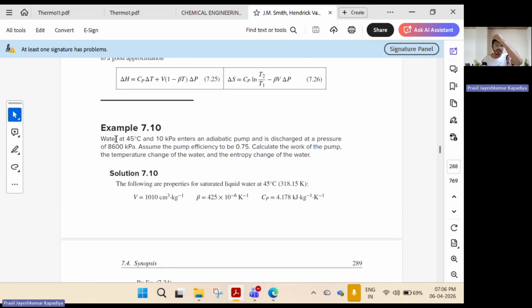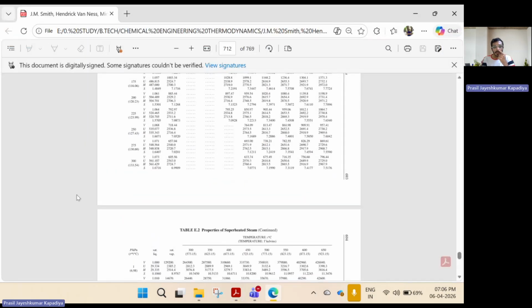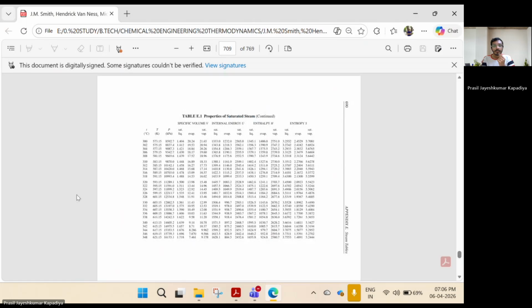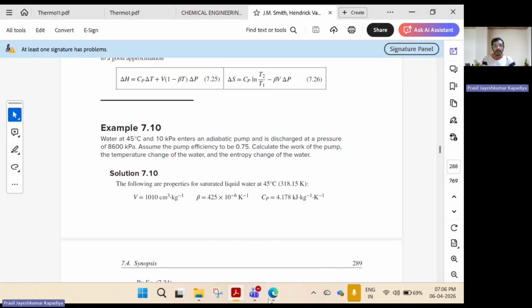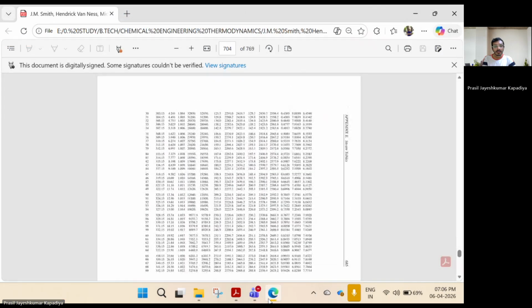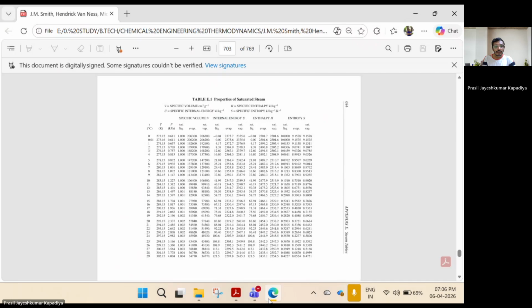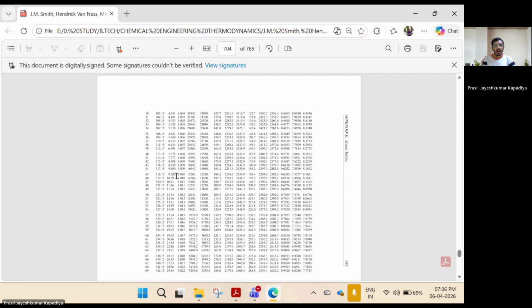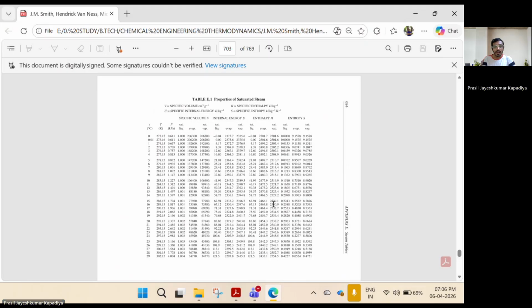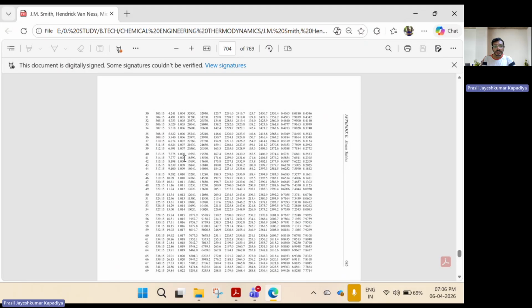For 45 degrees Celsius and 10 kilopascal, saturated liquid water has a specific volume. You need to take the average, then you will know this liquid volume.